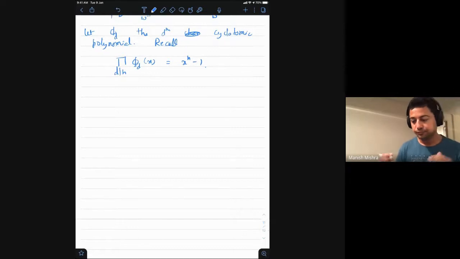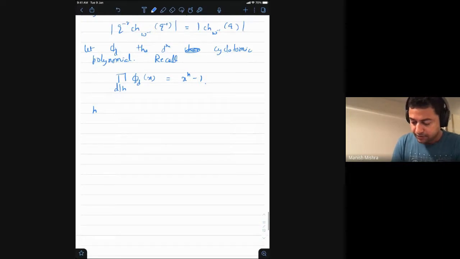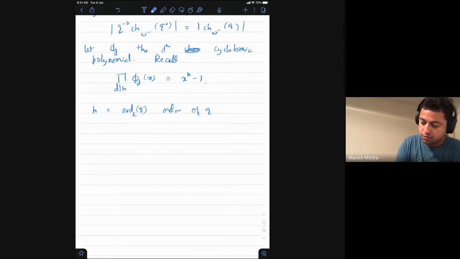Now L, so h, recall that h is the order of q mod L. So L divides phi_h(q).